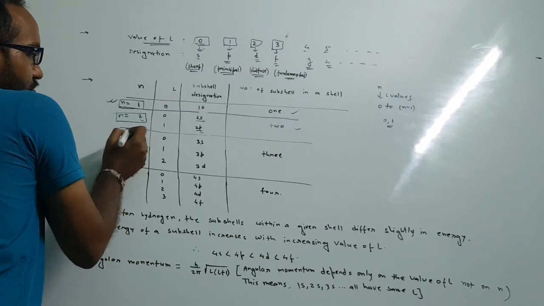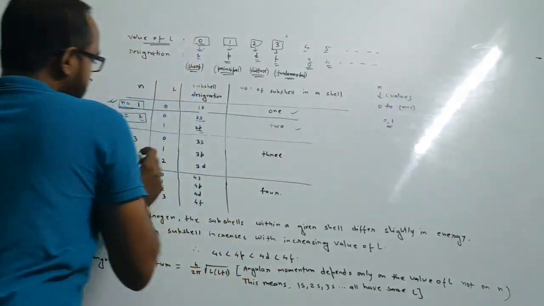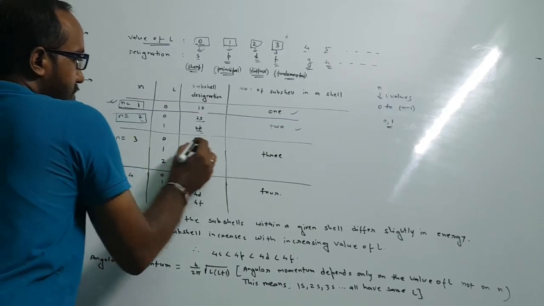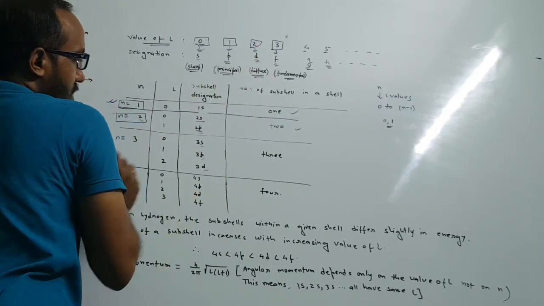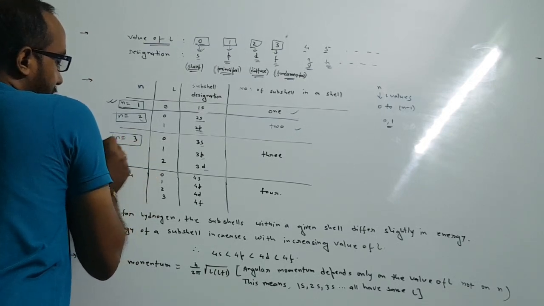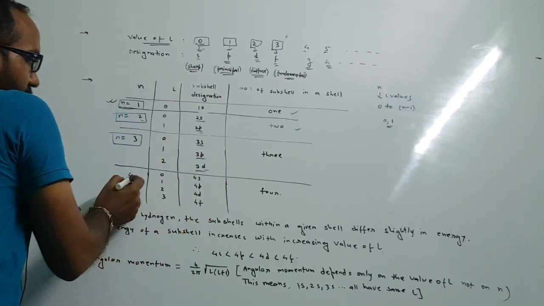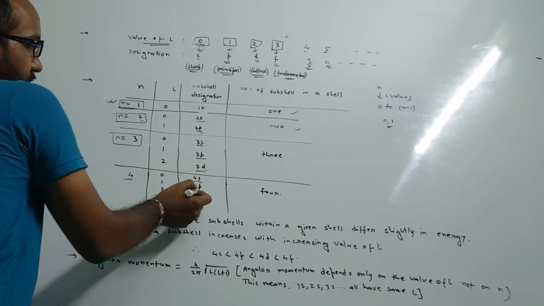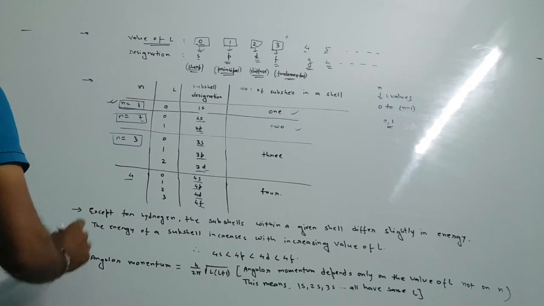Now for n equals 3, 3 minus 1 is 2, so 0, 1, 2. 0 is S, 1 is P, 2 is D, so 3s, 3p, 3d. Similarly for 4, you have 4s, 4p, 4d, 4f. So you have 4 subshells.